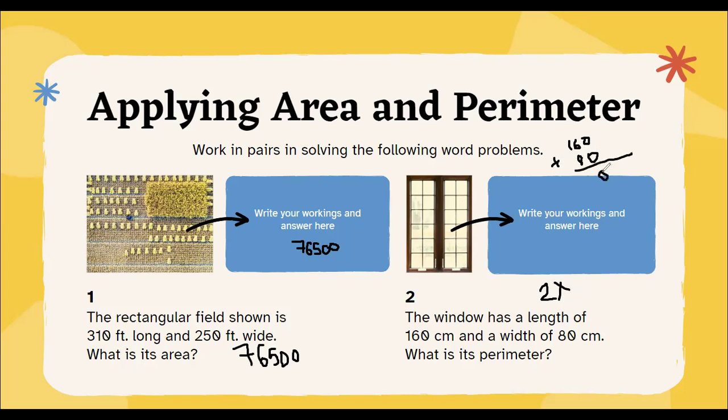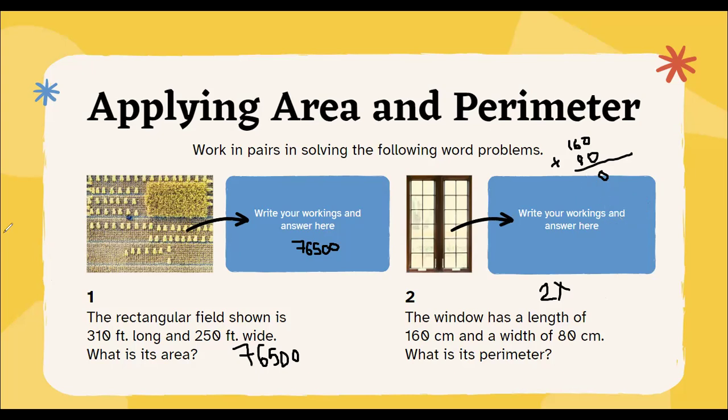And 6 plus 8, what is 6 plus 8? 14, and so 240. So 240 into 2, what is 240 into 2? 0 2s are 0, 4 2s are 8, 2 2s are 4. So what is the answer? 480.